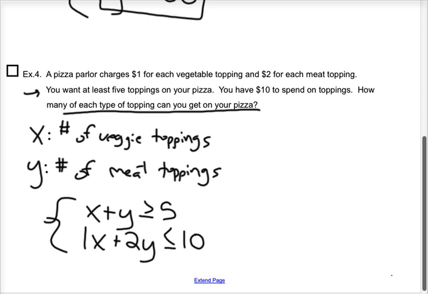And again, by solving inequalities means graphing them. So in order to graph these, remember what you would do is get y by itself. So for this one, that means subtracting x from both sides. For the bottom one, it means subtracting x and then dividing by 2.